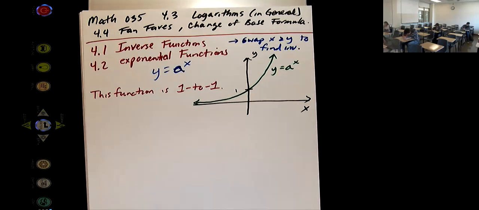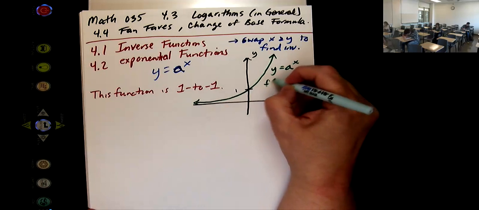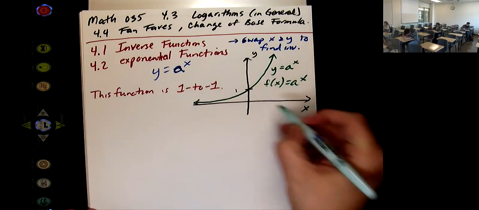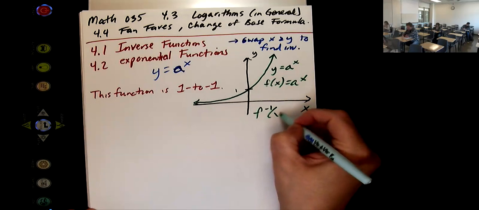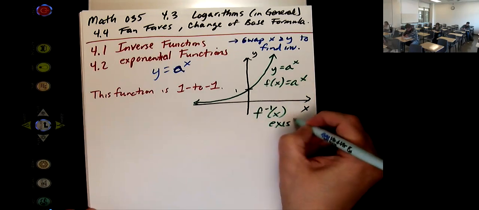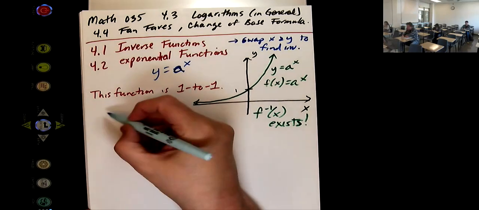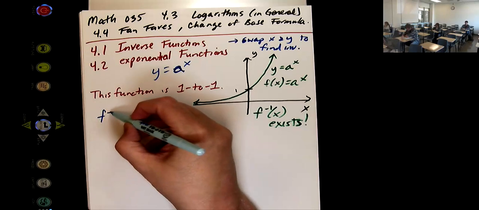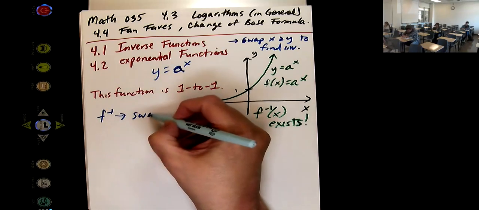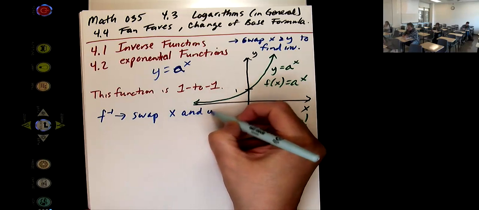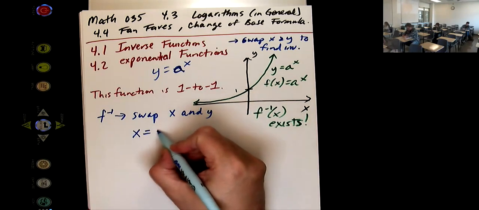Which means if I called this f of x equals a to the x, then f inverse exists. And so we'll do that. For f inverse, we swap x and y. I've got x equals a to the y.